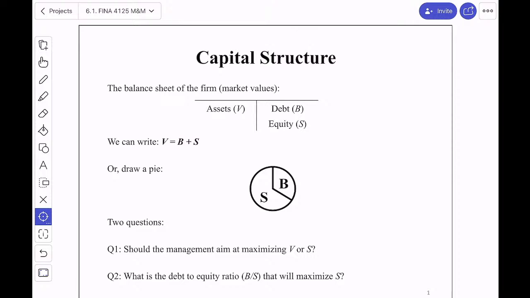What it owes its creditors in debt and what it owes its shareholders. So you can visualize, if you've seen this before, the value of the firm as a pie, and the partitions of debt and equity making up that pie.